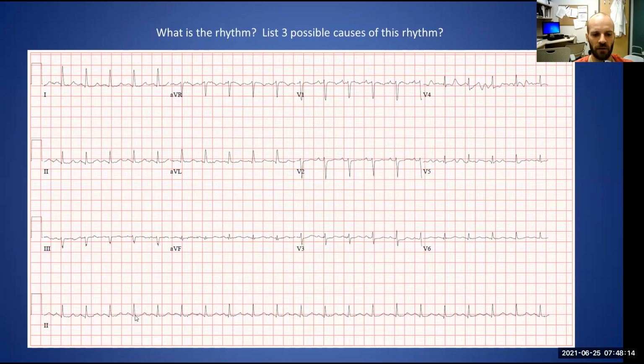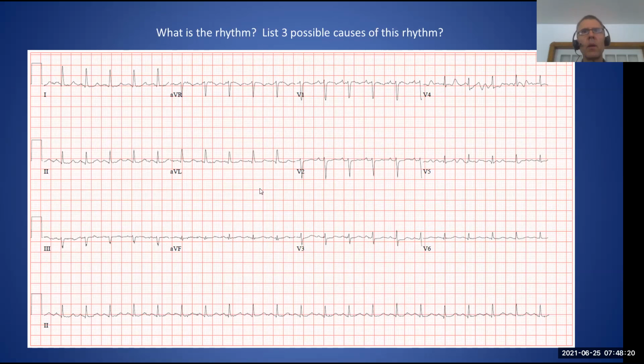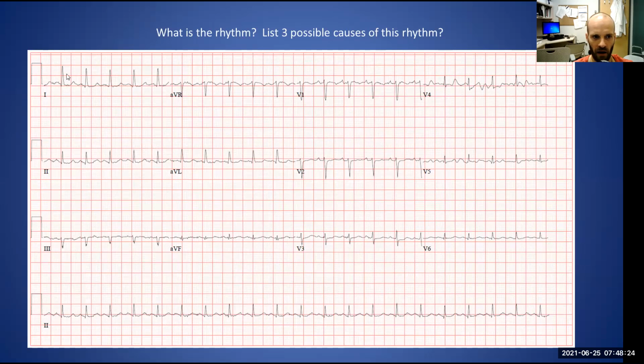The rhythm strip down here at the bottom is one continuous strip, and all of this is lining up. Okay, yes. So the rhythm strip at the bottom is a timing reference, one complete 15-second period. Yes.